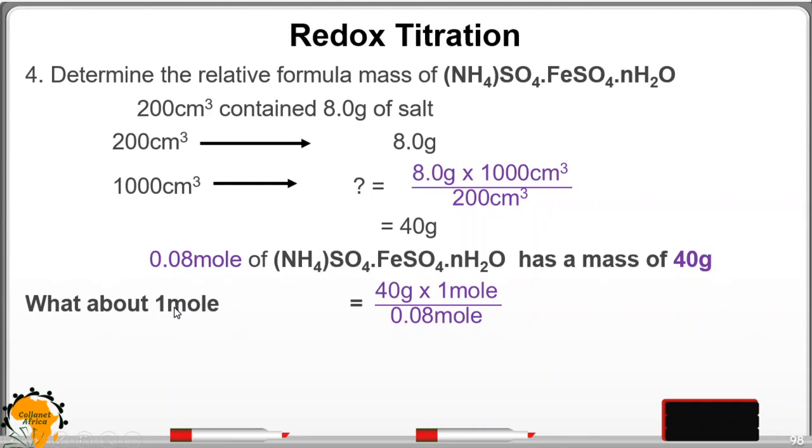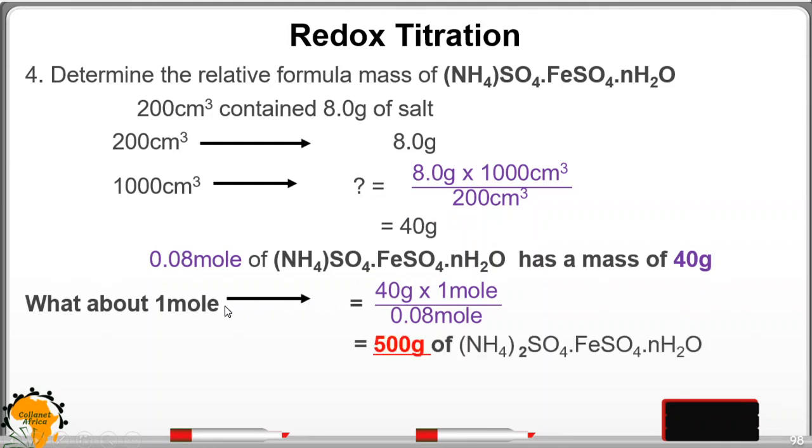So what about in 1 mole? 1 multiplied by 40, divided by 0.08. This is the molarity which was in 1,000, but we know that this number of moles had this mass by doing this calculation. Therefore, the relative formula mass will be 500 grams of the salt.